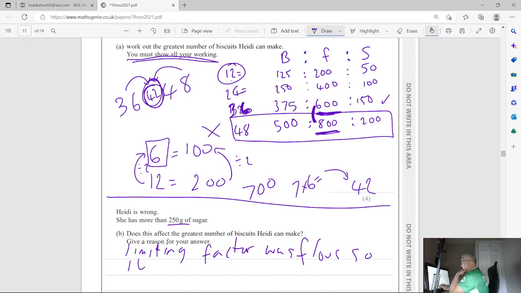So it would have no effect. Purely because this bit here is our limiting factor.